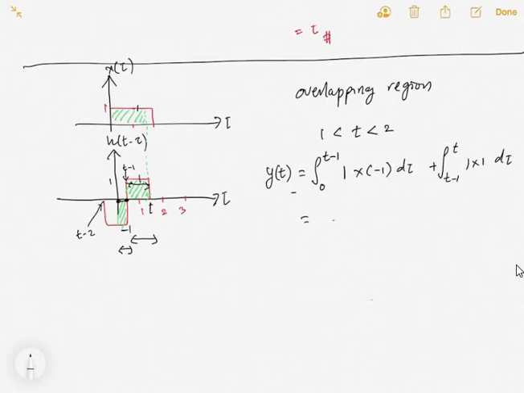Here you have minus 1, so in your integral you obtain negative tau, from 0 to t minus 1, plus integrating 1 you get tau. You substitute the value of tau with t minus 1, so you have negative (t minus 1) plus t minus (t minus 1). So you get negative t plus 2.